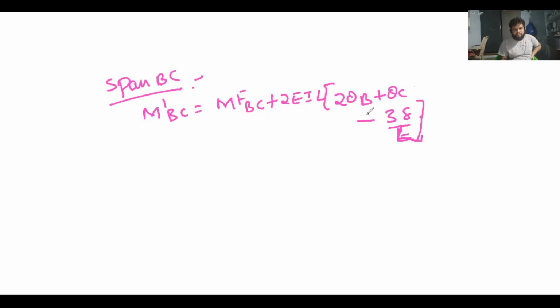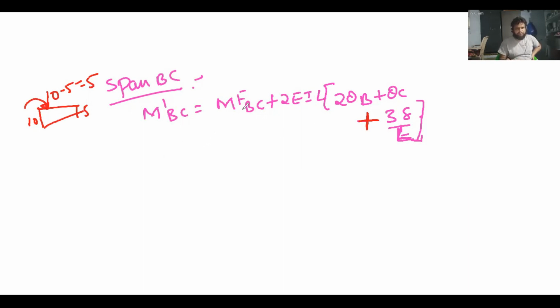Plus, because in the BC span there is a net moment. B sinking is 10, C sinking is 5, so 10 minus 5 is 5, and this 5 mm is nothing but here. What type of movement is required? Clockwise movement. That is the reason I am replacing it with plus.